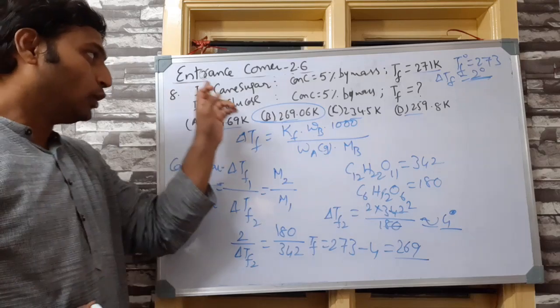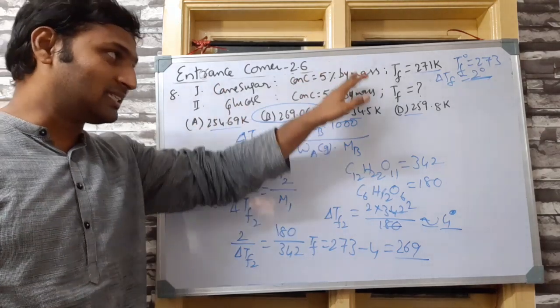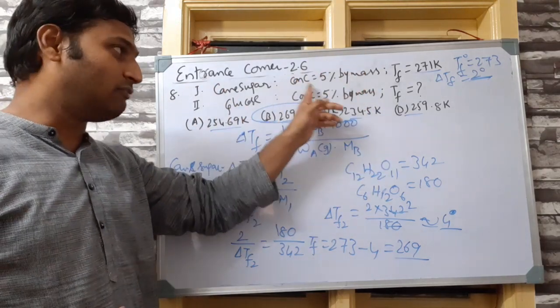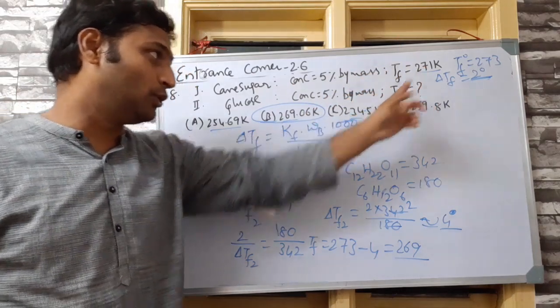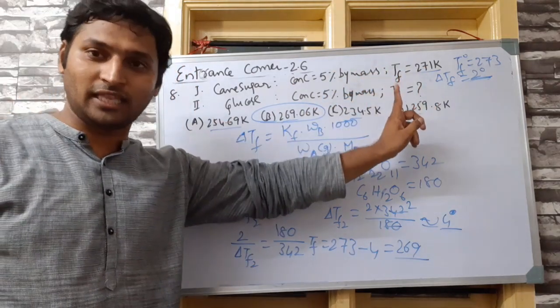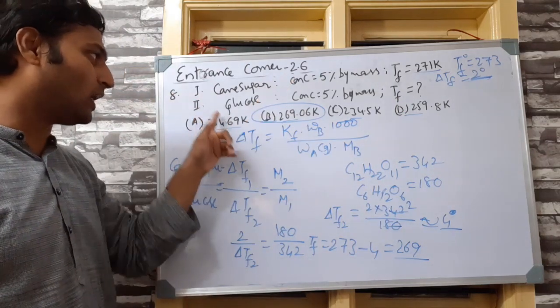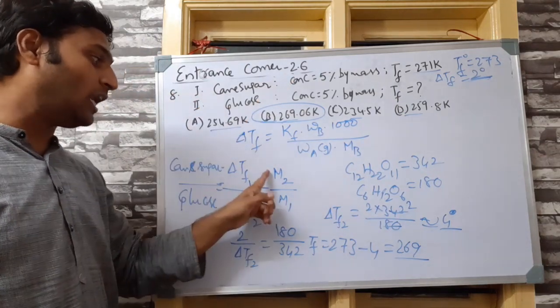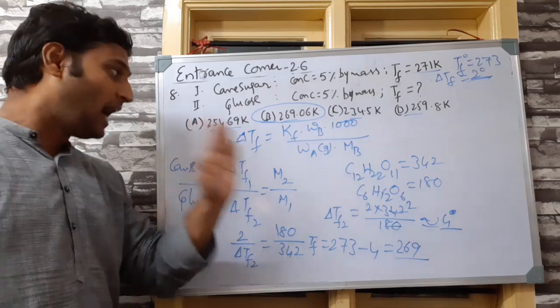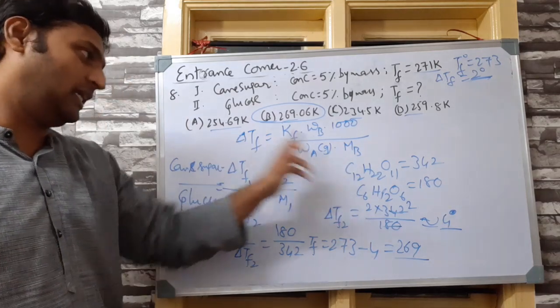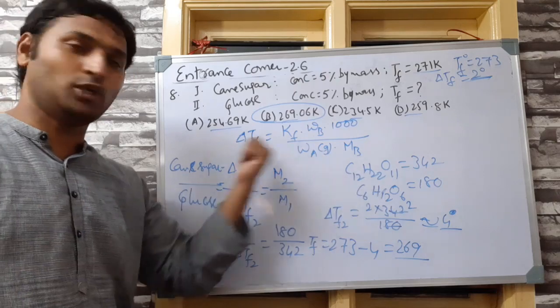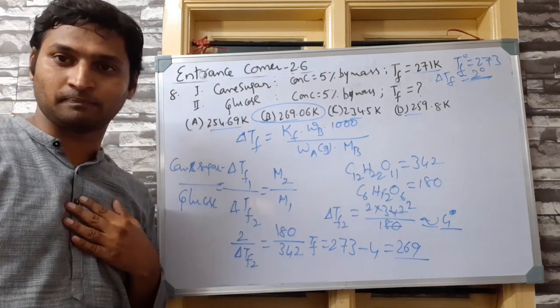He gave 2 different solutes with the same concentration, and he gave you depression in freezing point for one solute. He is asking depression in freezing point for the other. Now because everything else is same, only the nature of solute is different, only molar masses will be different. And as you can see in the formula of delta TF, it is inversely proportional to molar mass. I have already told you in the beginning.